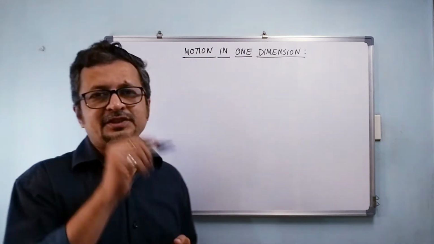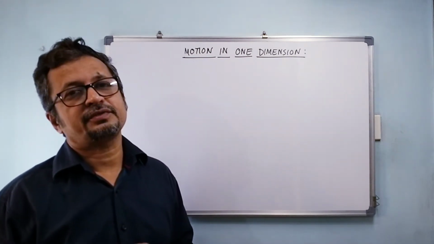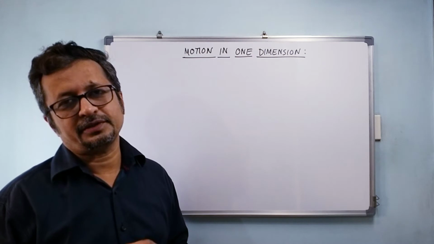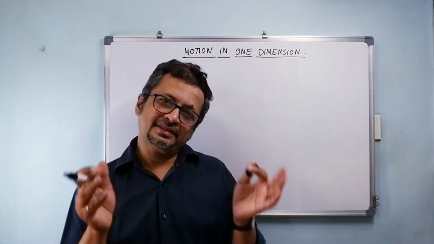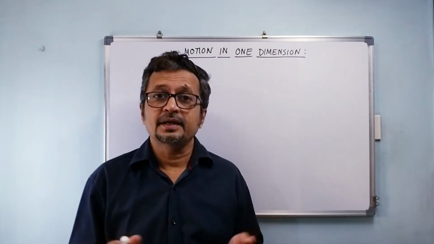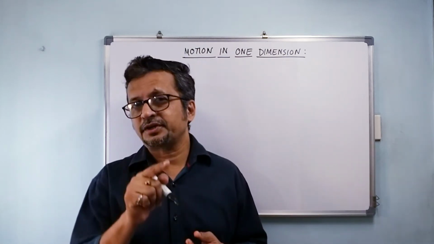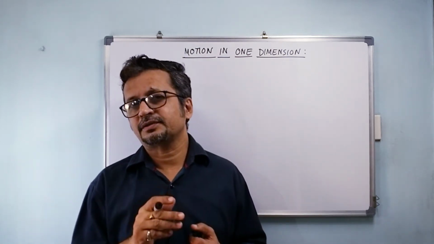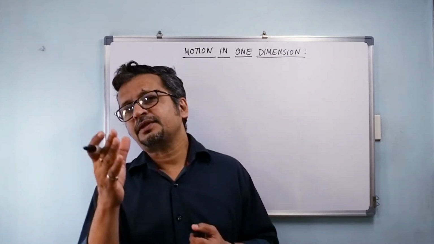Speed is the rate of change of distance covered by the body. That means it is the distance covered divided by the total time taken. Correct. Velocity is the rate of change of displacement, so that is displacement upon time.